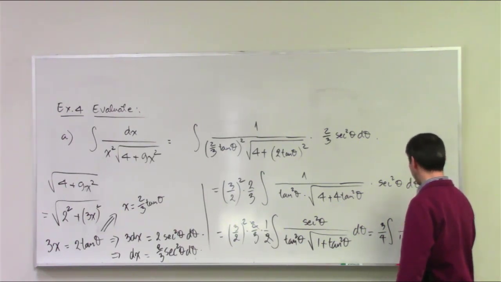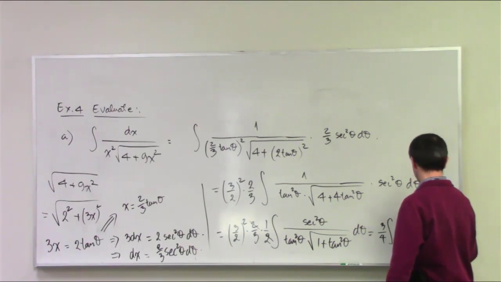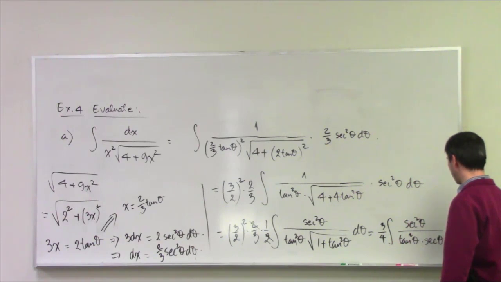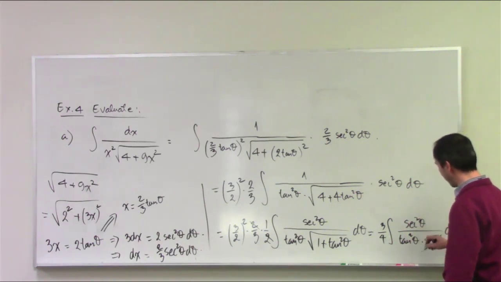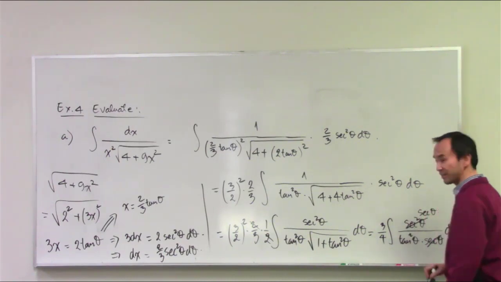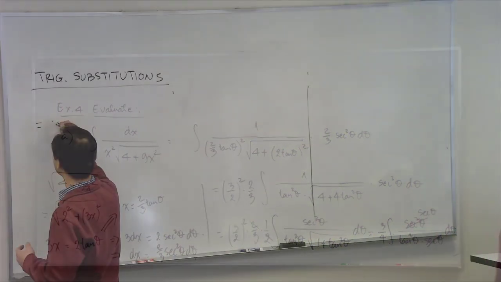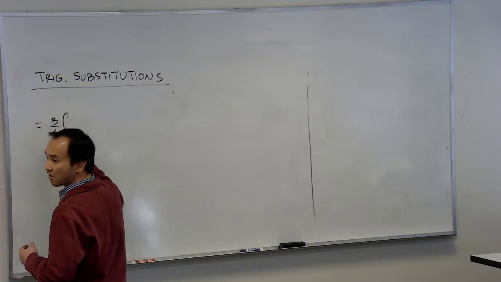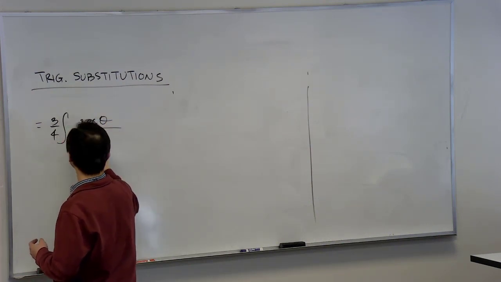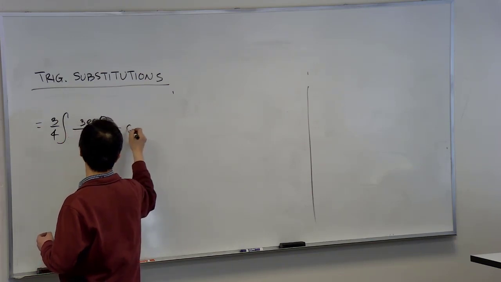Then we're looking at tangent squared theta times secant theta d theta. And then that secant will cancel with this one secant together, making it one extra secant left. So there's 3/4 right here, right? And there's secant theta over tangent squared theta.